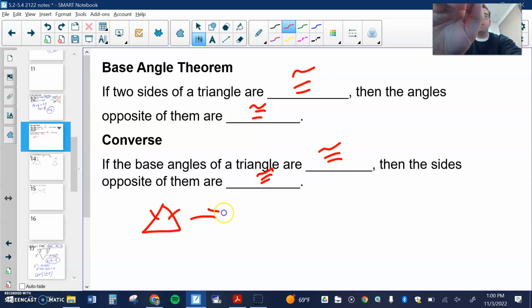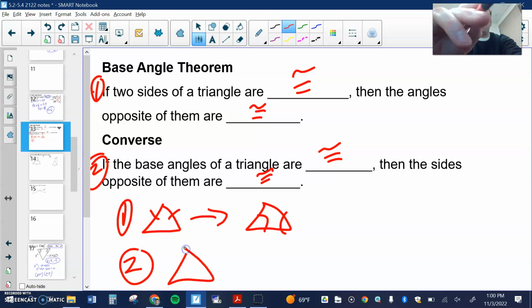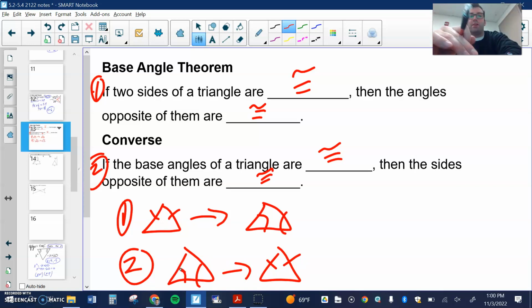So number 1: congruent sides implies congruent base angles. Number 2, our converse: congruent base angles implies congruent sides. That's the shorthand notation we're going to start to use.